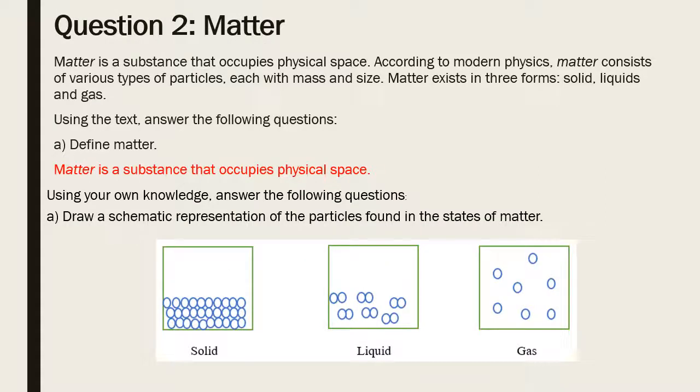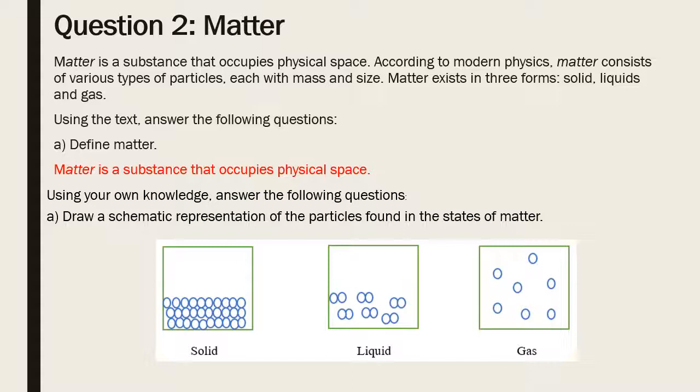Question 2, matter. Matter is a substance that occupies physical space. According to modern physics, matter consists of various types of particles, each with mass and size. Matter exists in 3 forms: solid, liquid, and gas. Using the text, answer the following questions. Please, when it says using the text, don't use your own knowledge.